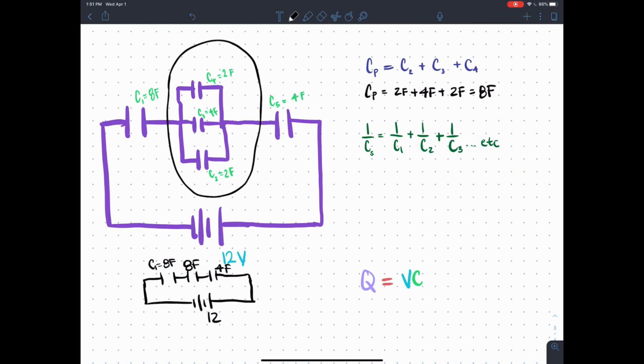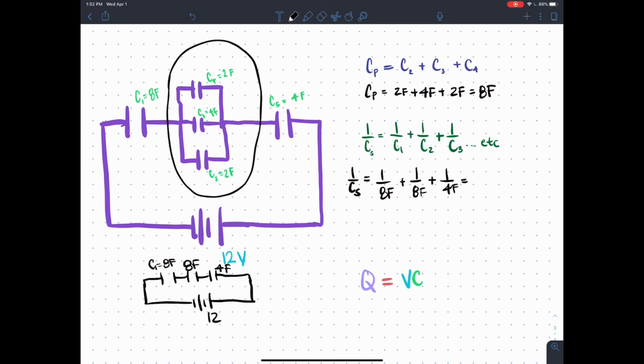For this, we're going to use the equation of 1 over the series capacitance, like we did before. 1 over the capacitance in series is equal to 1 over the first capacitance, which was 8 farads, plus 1 over 8 farads again, plus 1 over 4 farads.